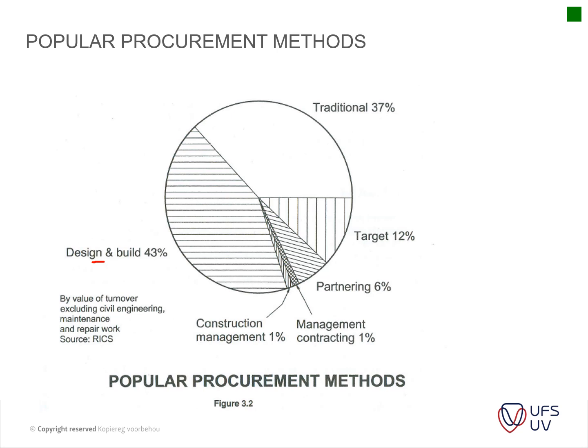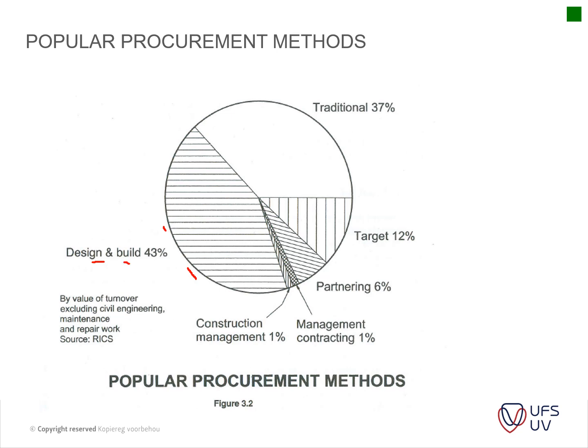You can see design and build comprises a big chunk of the cost in the UK. The reason for that is usually the civil engineering or the big road and railway projects that they've got there. South Africa is very similar to this because our big projects are usually also design and build.